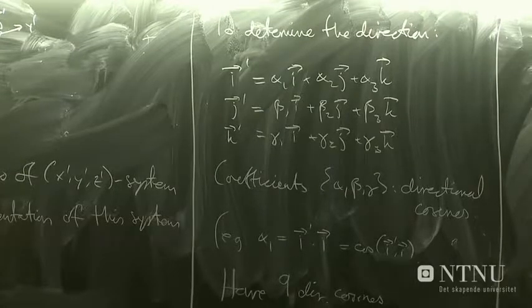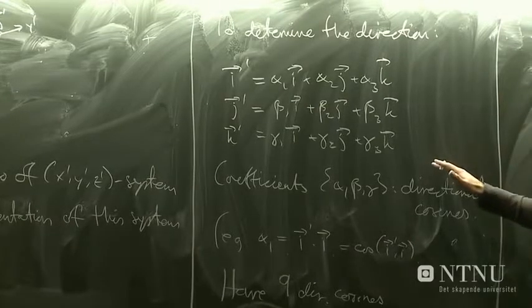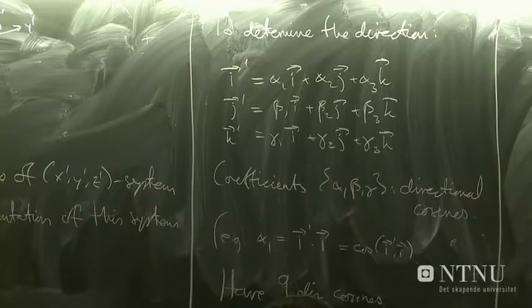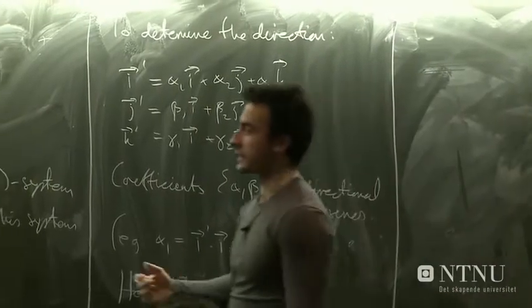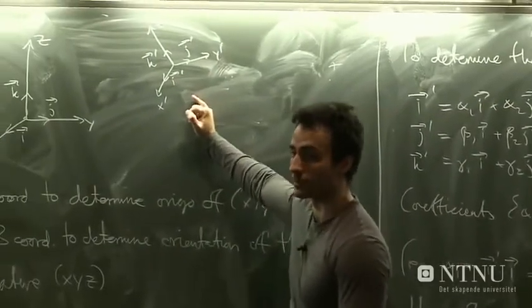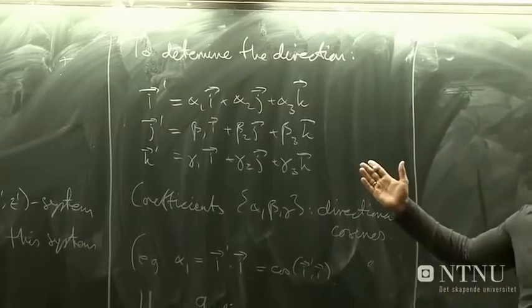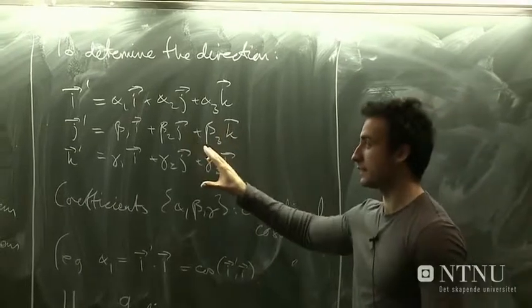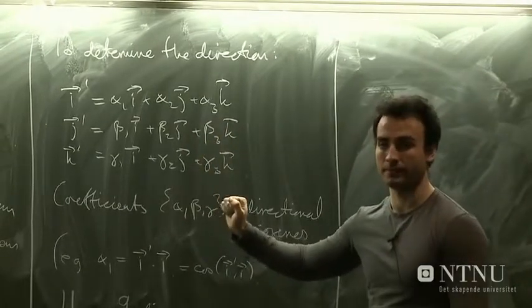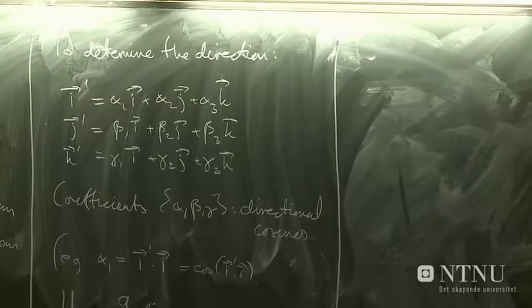According to our previous arguments, some of these directional cosines should be quite redundant. They shouldn't be necessary, because we know that it only takes 3 coordinates to determine the direction of something, but we have 9. So somehow all of these cannot be independent of each other. So the question is then, how are these related?